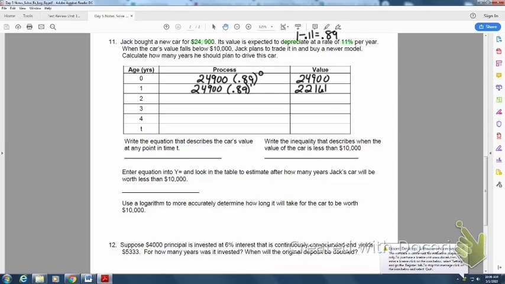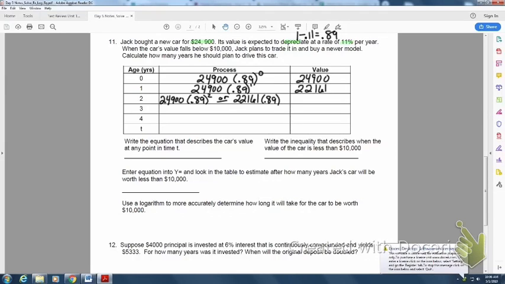For that next one, there's really two different ways you can do this process. You can use that exponential formula that we've done in the past. So the process for 2 years would be 24,900 times 0.89 to the power of 2. Or you can take the previous year's value and multiply it by 0.89.